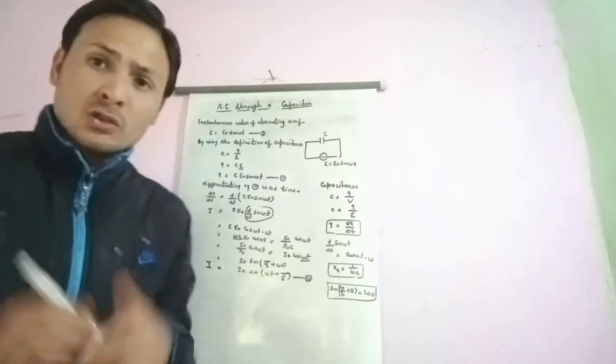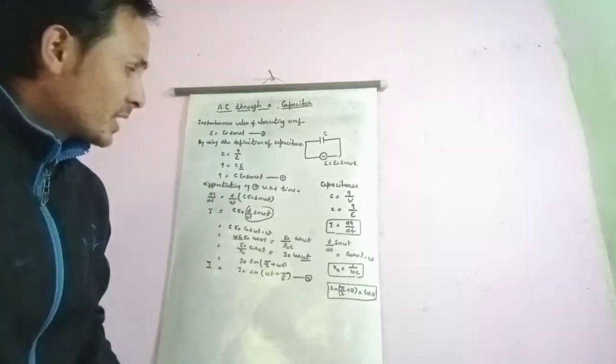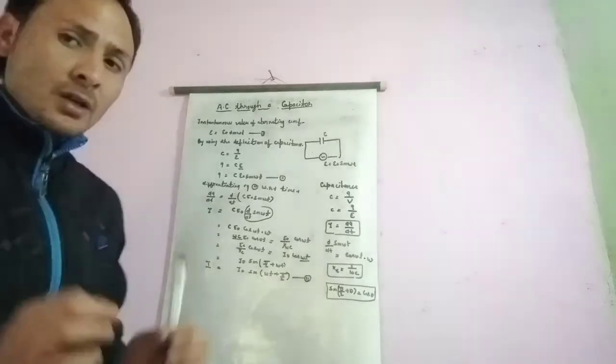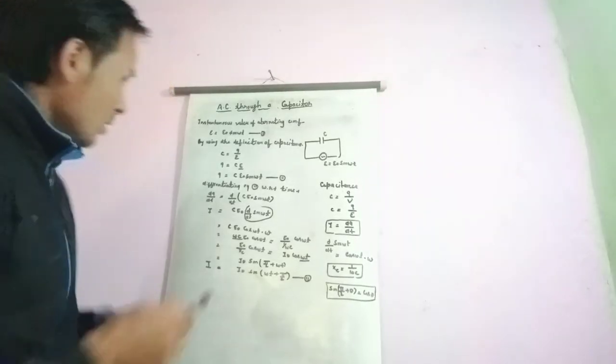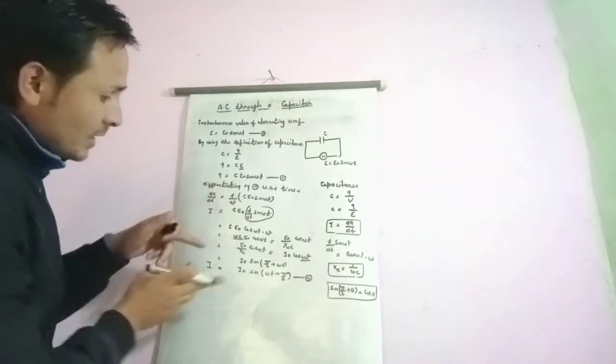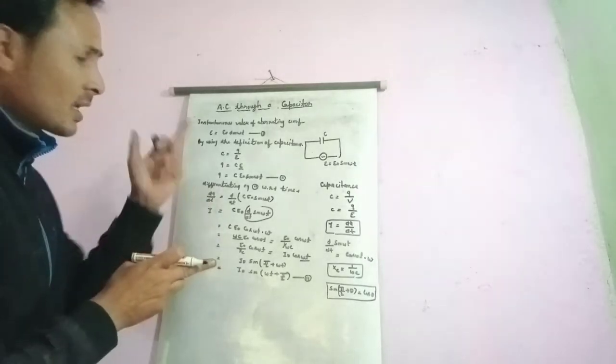Now we can compare equation number 1 and equation number 2. When we compare these two equations, we can conclude that alternating current leads alternating EMF.